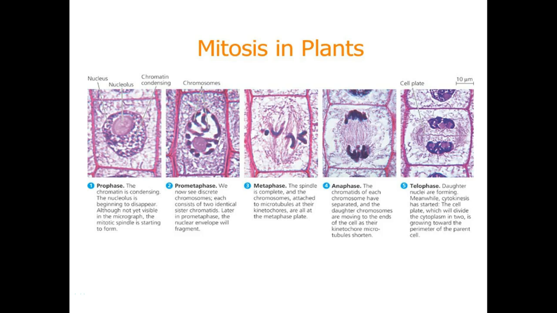Prometaphase, this is when the nuclear envelope is gone. You have much happening with regard to the spindle fibers. And then metaphase, that spindle fiber arrangement is complete, meeting down the middle. Anaphase, they're pulling apart. And then telophase, the cleavage of one cell into two.